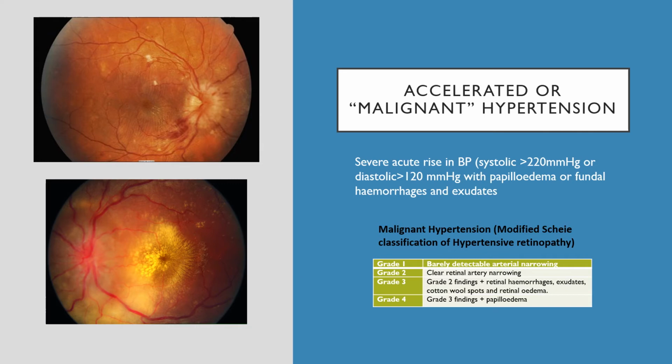So the first grade in the Keith-Wagener-Barker classification is grade 1, where there is arterial narrowing or AV nipping, another finding in the arteriolar narrowing. Grade 2 is where we see larger retinal arteries narrowing. Grade 3 involves retinal hemorrhages, exudates and cotton wool spots, as well as retinal edema.